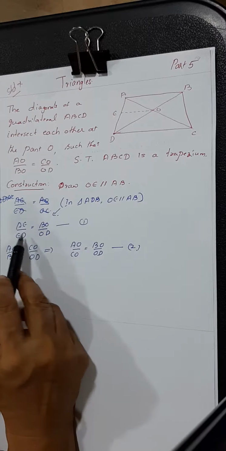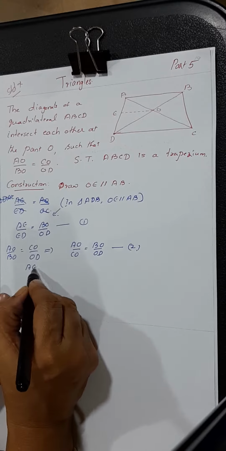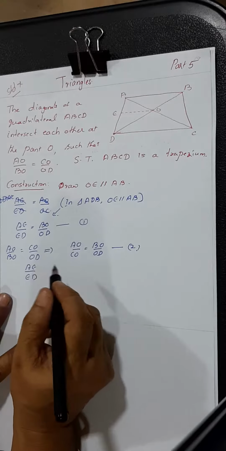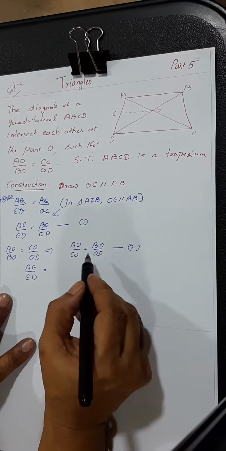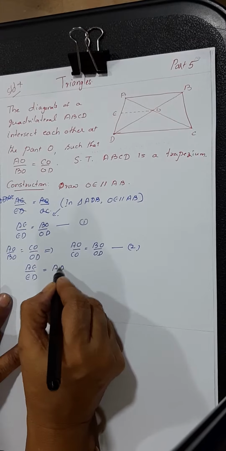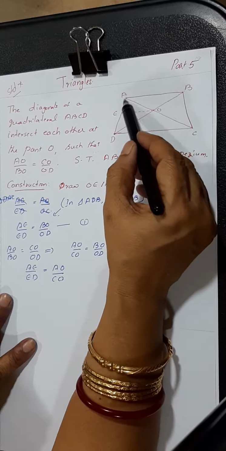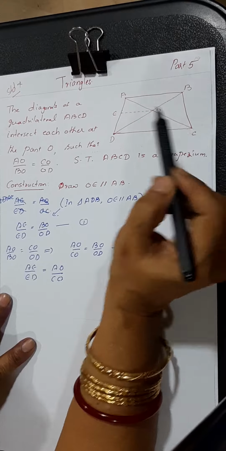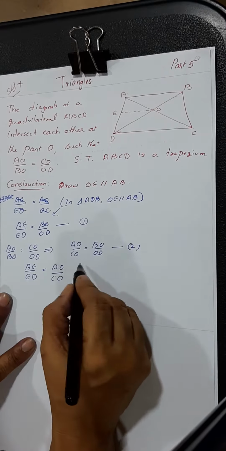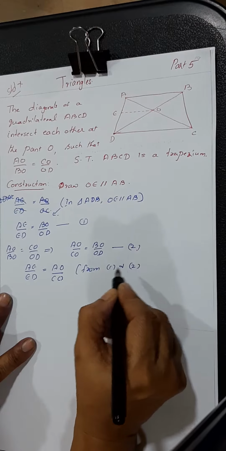From 1 and 2, we get AE by ED is equal to AO by OC.